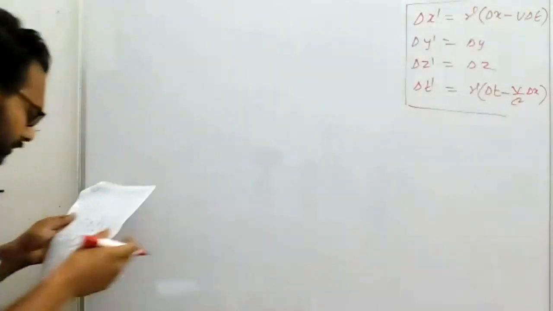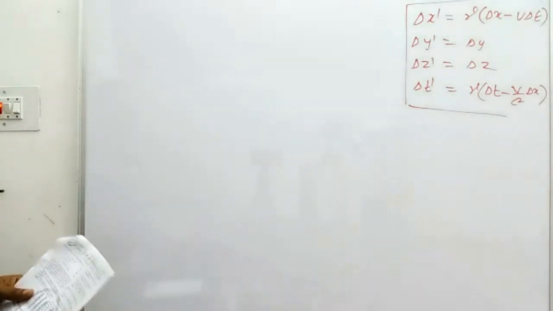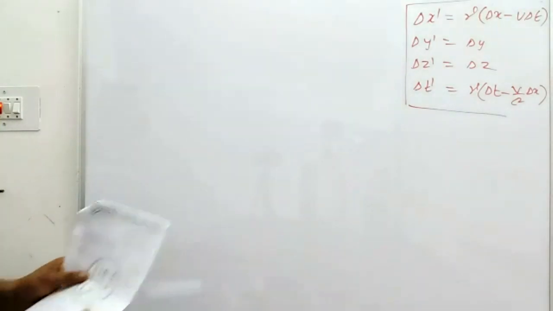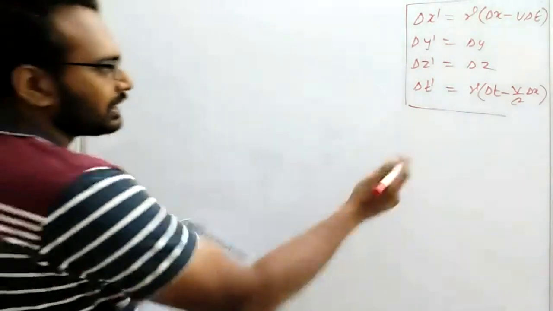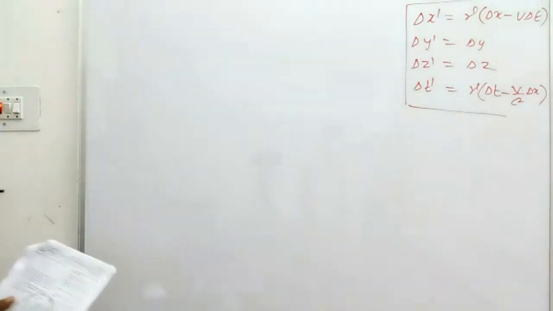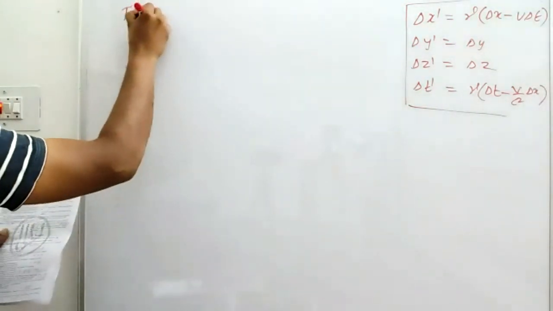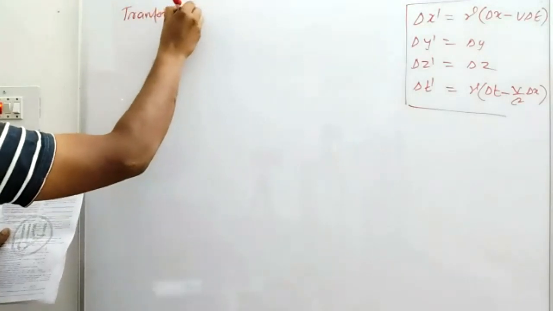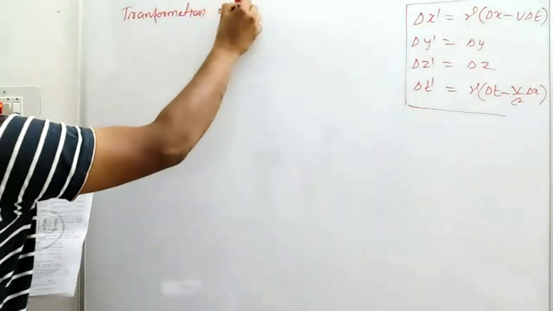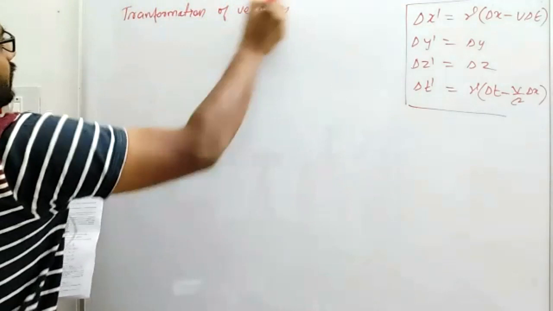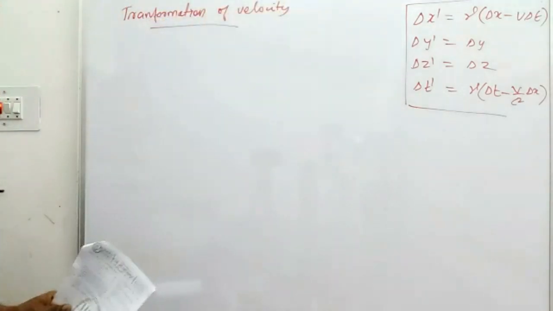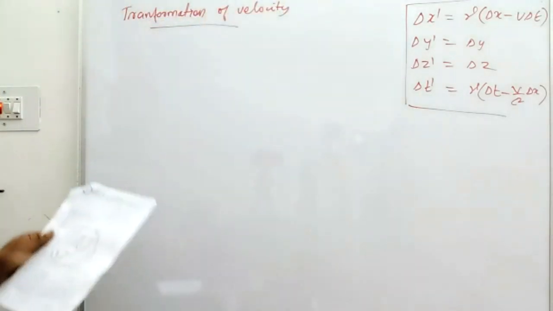So as the first problem, if this is the way in which the coordinates transform, let's check how the velocities transform. Transformation of velocities. In the case of Galileo, we knew that you just need to add or subtract the velocities depending on the direction.